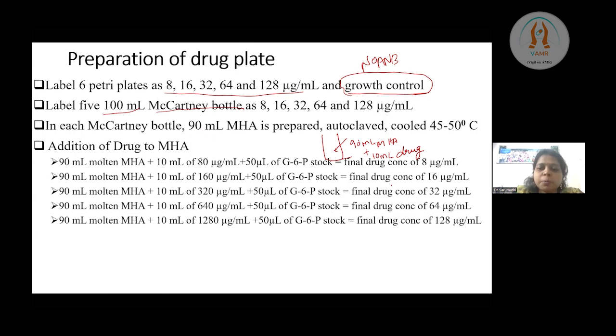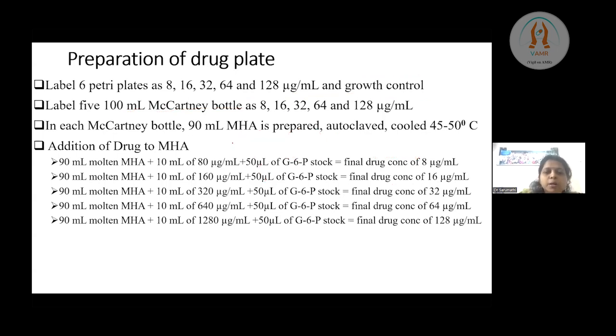This makes up 100 ml of molten MHA, and this 100 ml can be poured into 5 different plates for each single drug concentration.